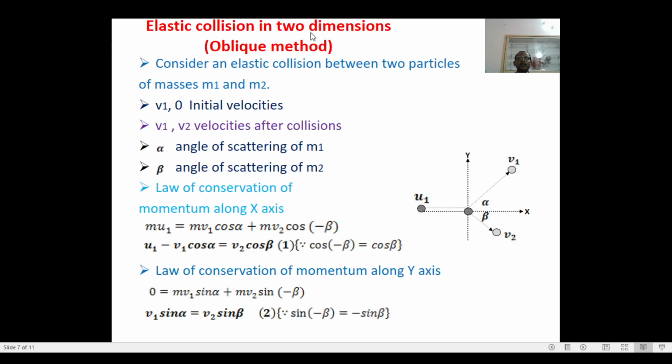Elastic collision in two dimensions, oblique method. Consider an elastic collision between two particles of masses m1 and m2.